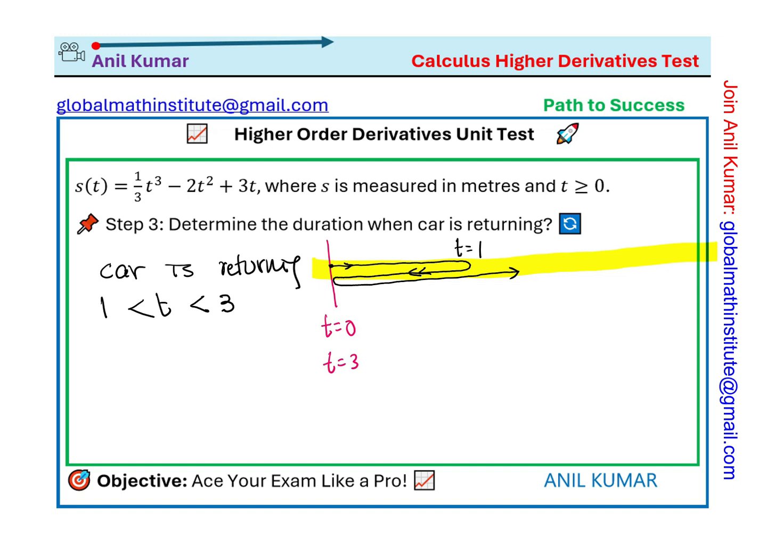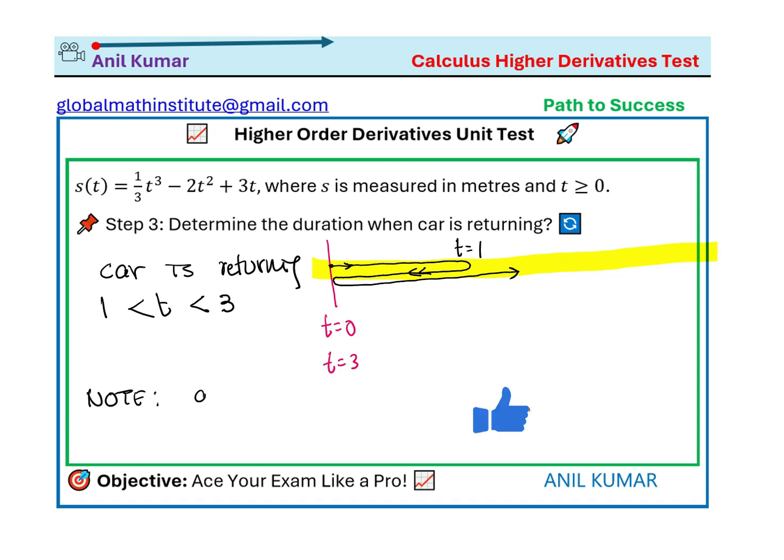There are only two turning points which we have found, right? At the turning point, velocity is going to be zero. So note, let me write TP as turning point, velocity will be equal to zero, correct? And there are only two. One is at t equals 1, the other one t equals 3 seconds. Makes sense, right? Let's move forward.